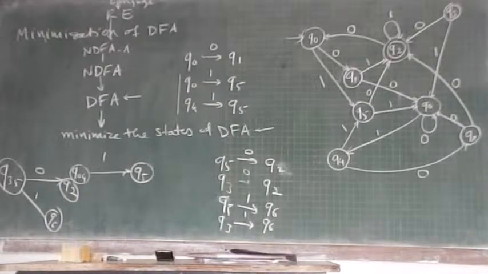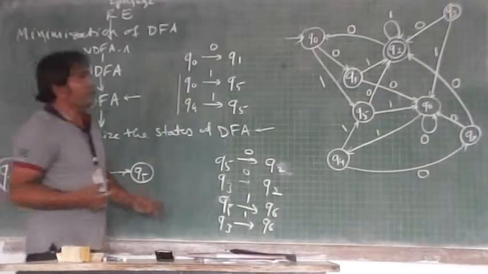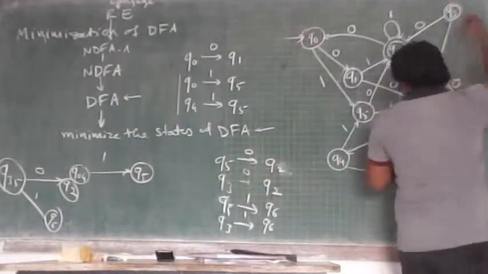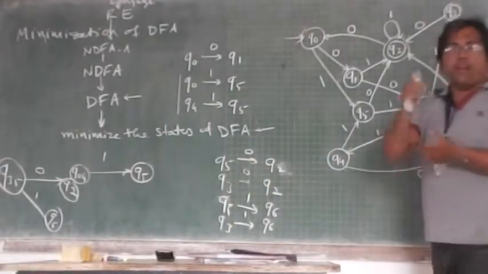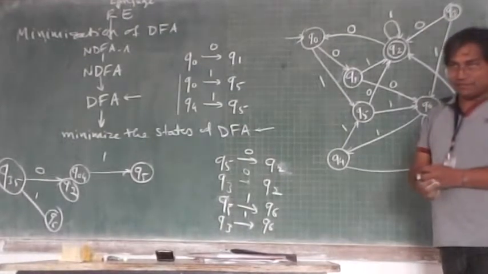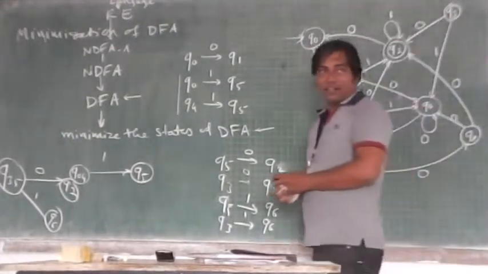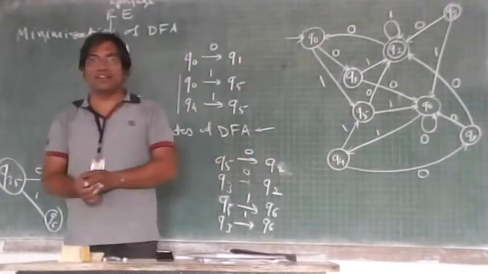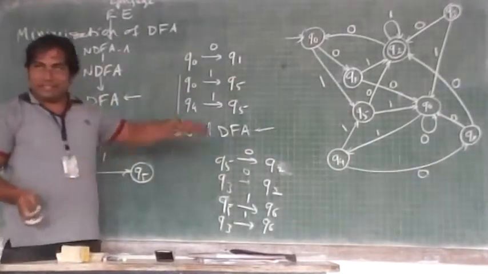Is it possible? So Q3 and Q5 I can merge, and one state is minimized. So this is the way.